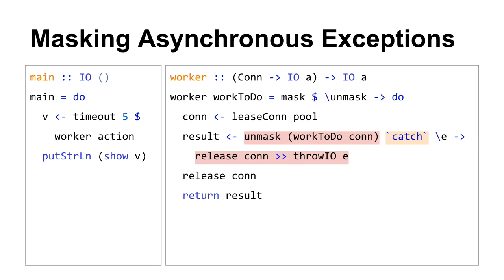I must admit that I've not used this extensively in the wild, so I'm not an authority on it. But the good news is the source of mask is available in Control.Exception, and the underlying calls to the block and unblock functions are in GHC.IO. So you could go and look and see how it works if it interests you, which it probably should if you're going to use it.